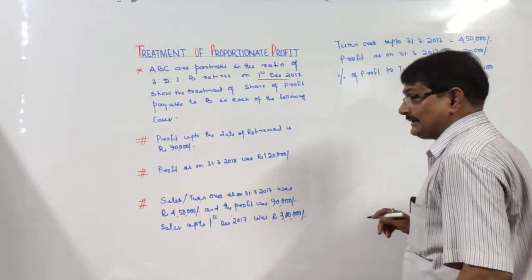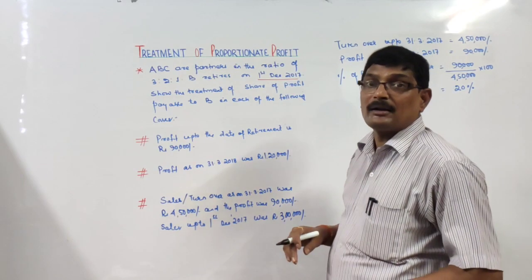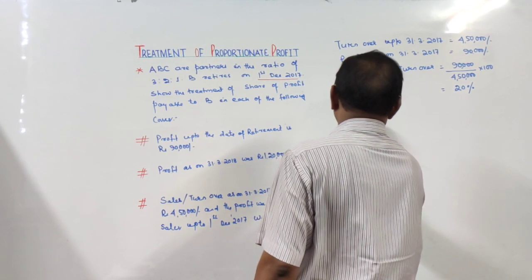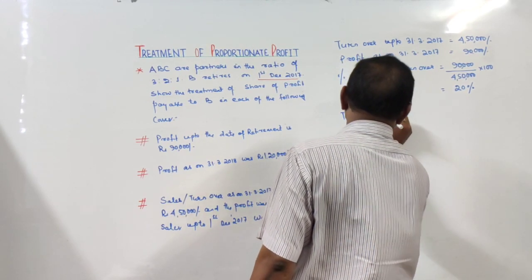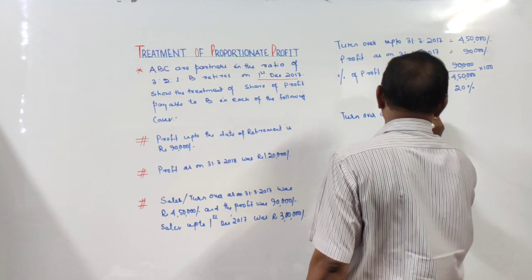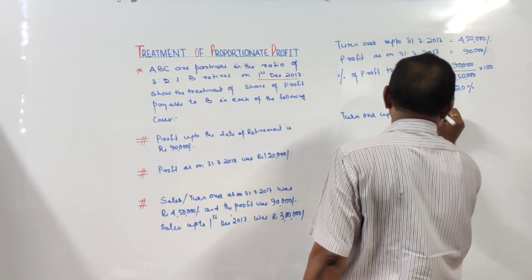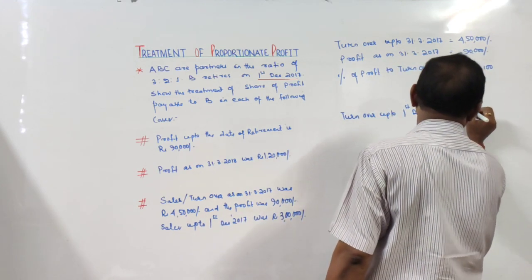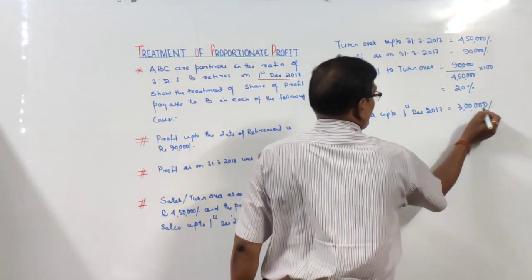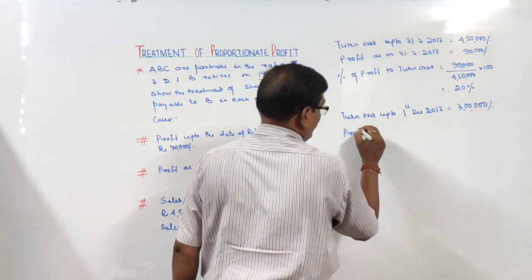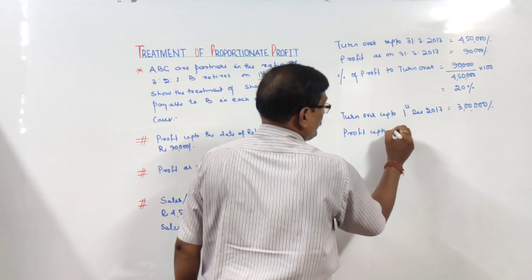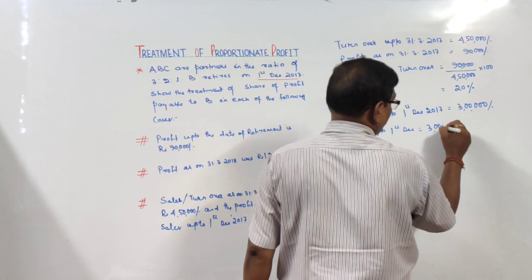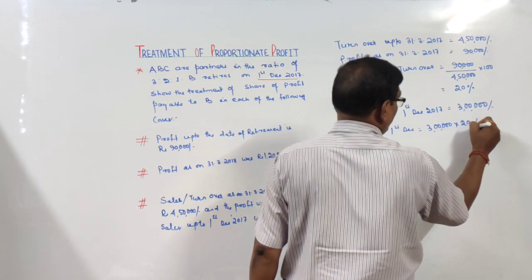This is equal to 20%. Now B retired on 1st December and the turnover up to 1st December 2017 is given as 3 lakh rupees. Right? So the profit up to 1st December would be 3 lakh into 20%.